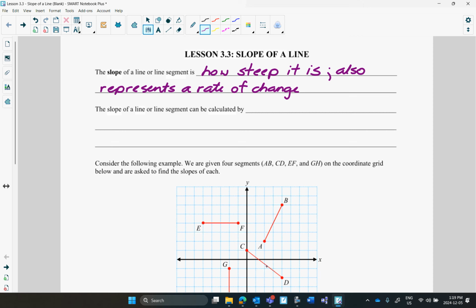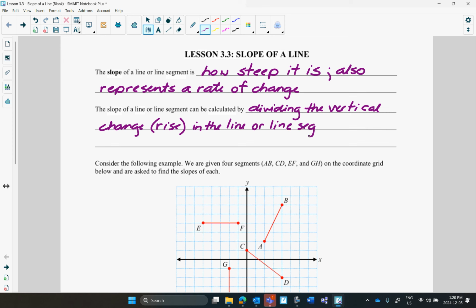So how do we find the slope of a line? Well, it's calculated by dividing the vertical change, which often we call rise, in the line or line segment, by its horizontal change, which we often call run.